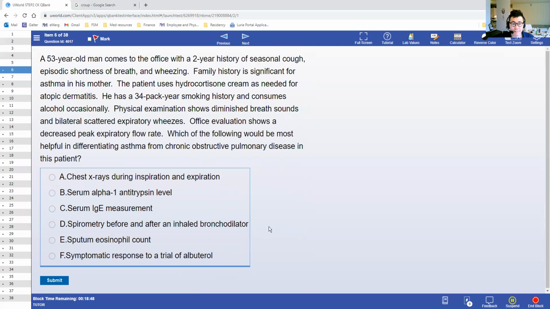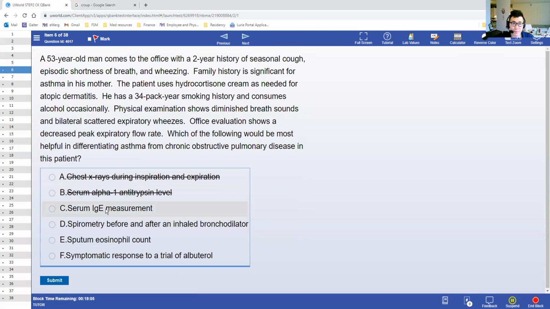X-rays will show hyperinflation. Alpha-1 antitrypsin? No, unless you have that specific deficiency.